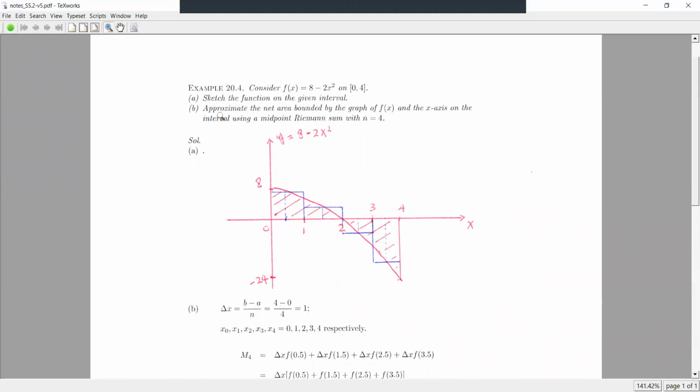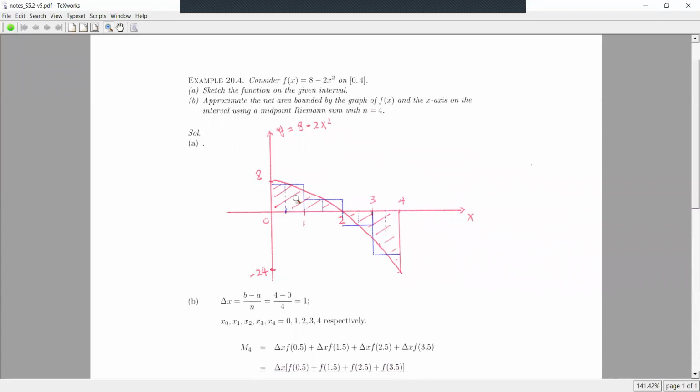Question B. Approximate the net area bounded by the graph of the function and the x-axis on the interval using a midpoint Riemann sum with 4 rectangles.